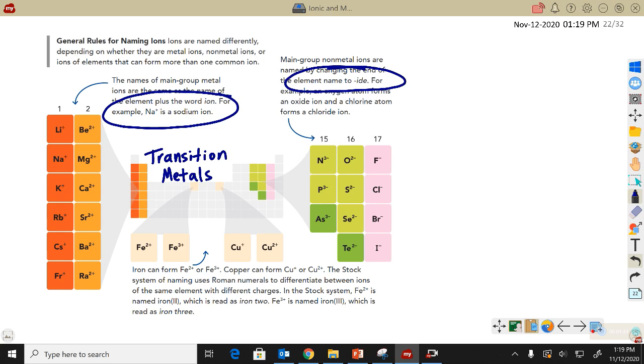And sometimes there's more than one way of getting a stable electron configuration. That results in different charges. And so that's what makes the transition metals a little stinky, in that they can have different forms and different charges.